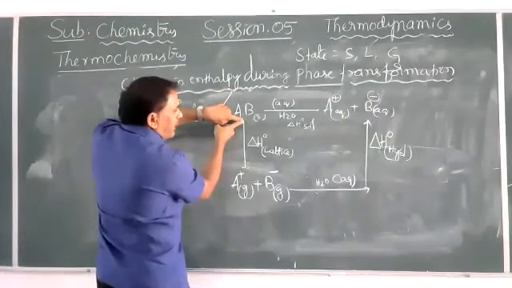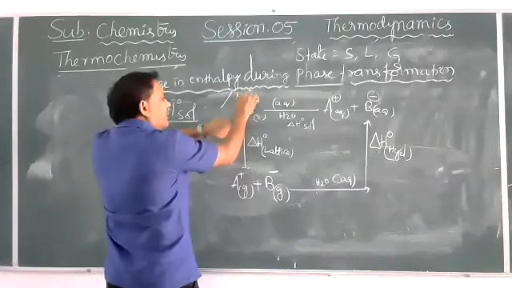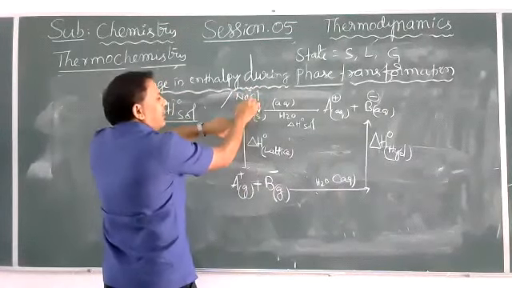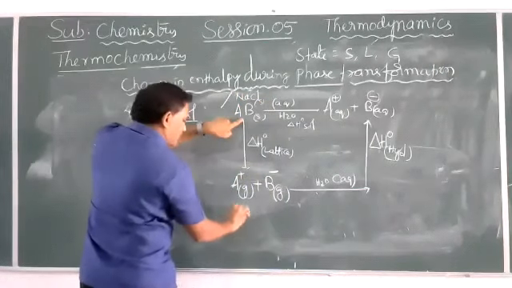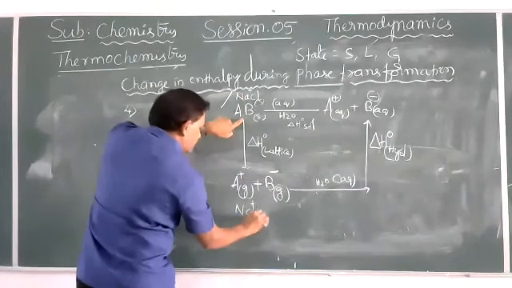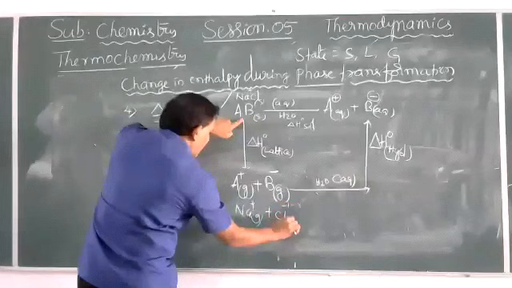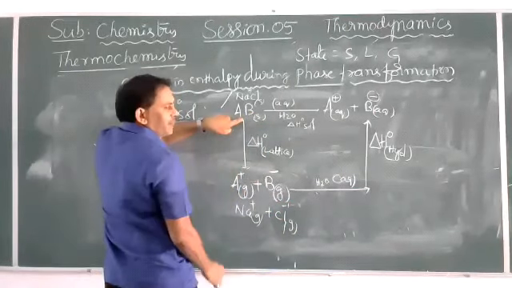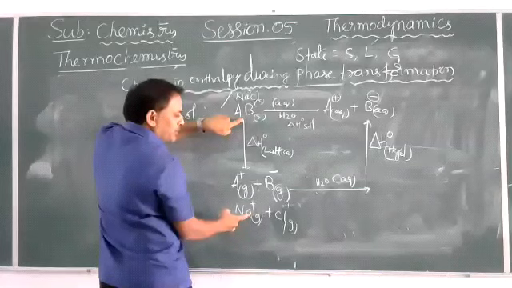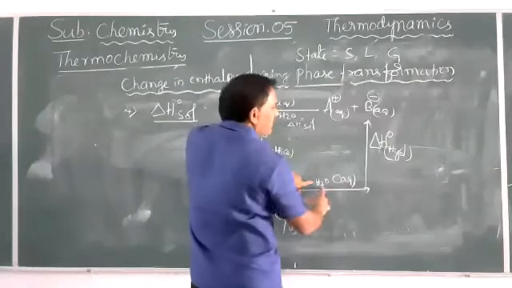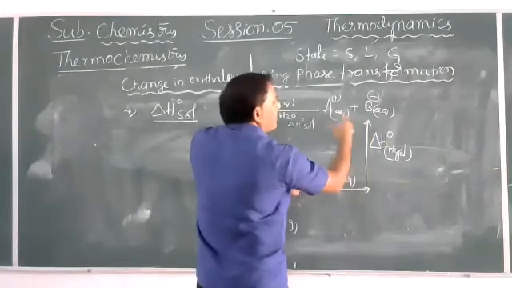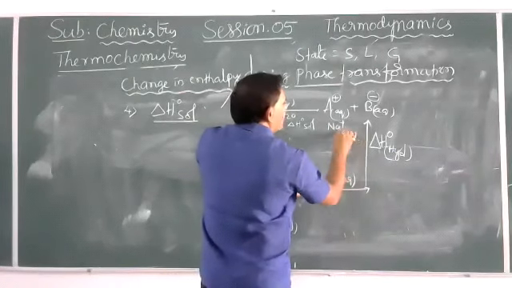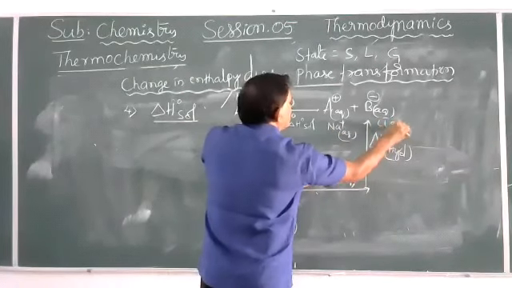Indirectly, this ionic solid AB, like NaCl, as in the Born-Haber cycle in chemical bonding: NaCl solid is converted into Na plus gas plus Cl minus gas. That is called the lattice energy of NaCl. Those gaseous, oppositely charged ions are dissolved in water, and we get Na plus aqueous and Cl minus aqueous.